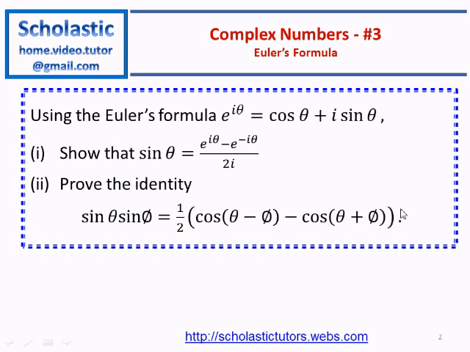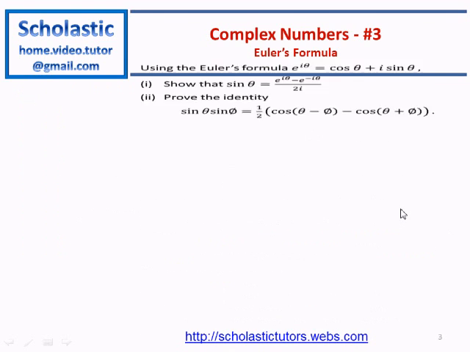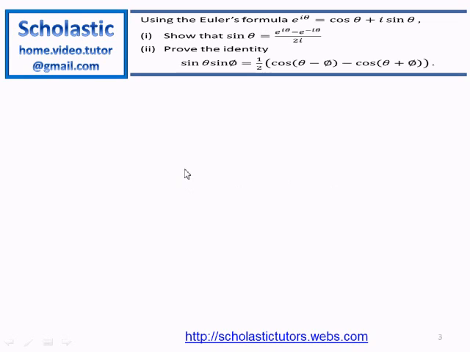So to begin with, we'll write Euler's formula, which is given by e to the i theta is equal to cos theta plus i sin theta. This is Euler's formula.